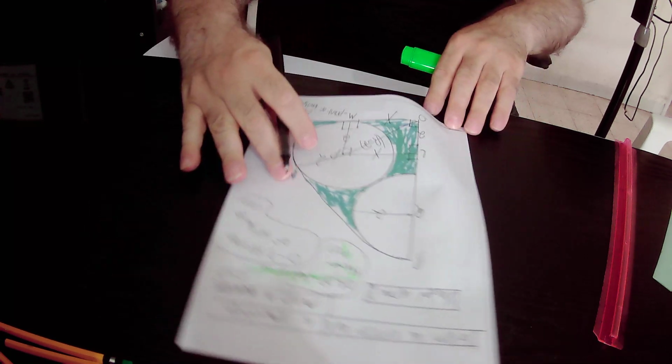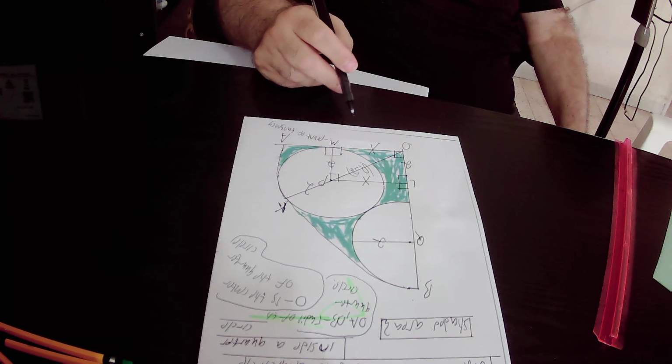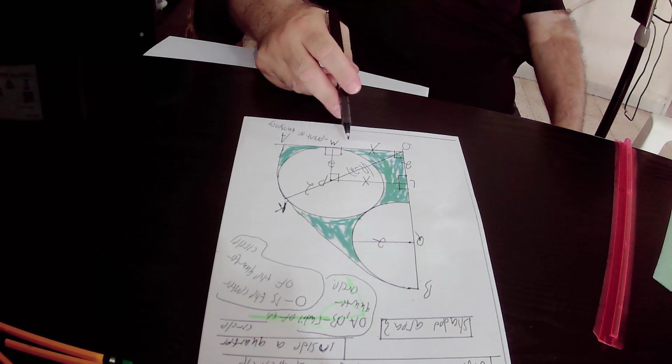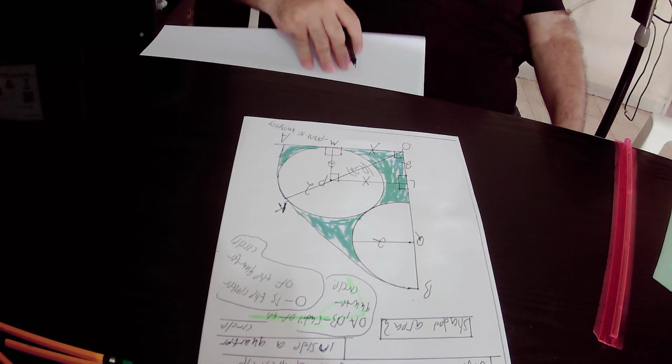In the next step, I will copy the right triangle OPM onto a new page, and we will apply the Pythagoras theorem on this triangle.